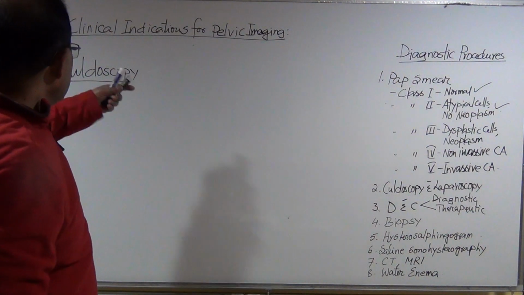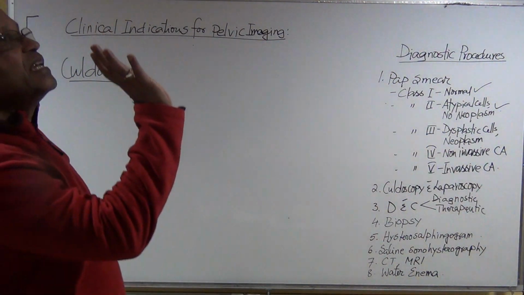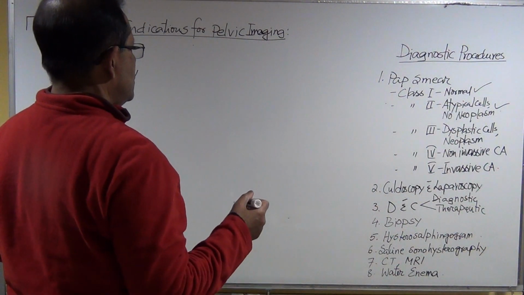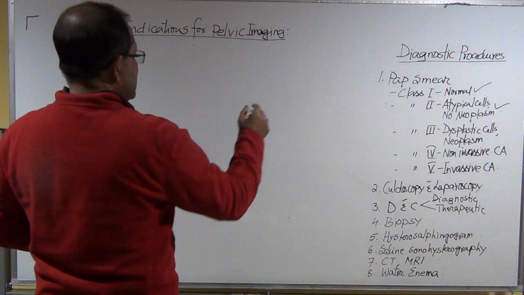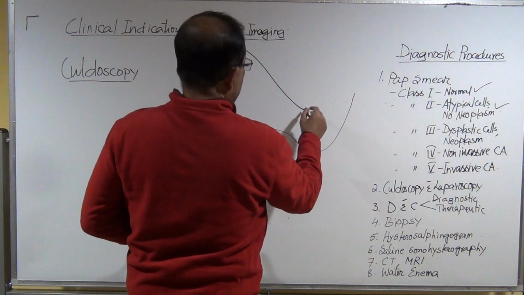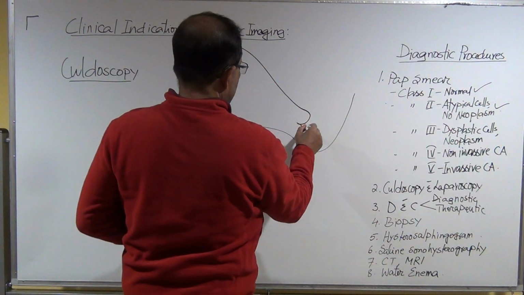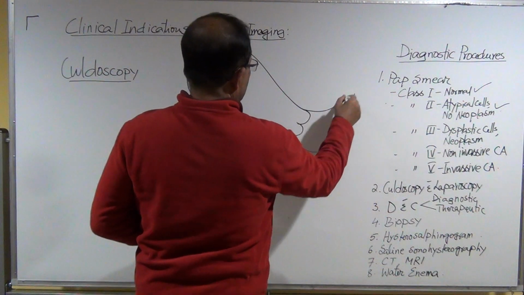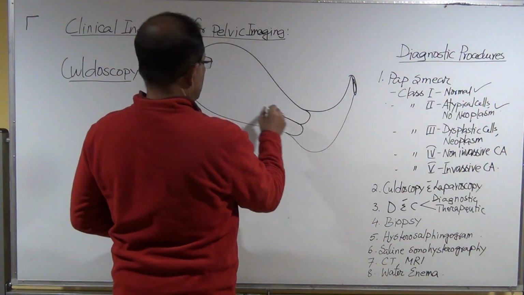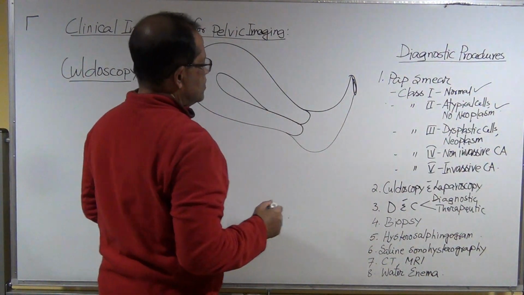Then what is culdo? Culdo means the vaginal vault. Where is the vaginal vault? The vaginal vault is here. That is called the fornixes.